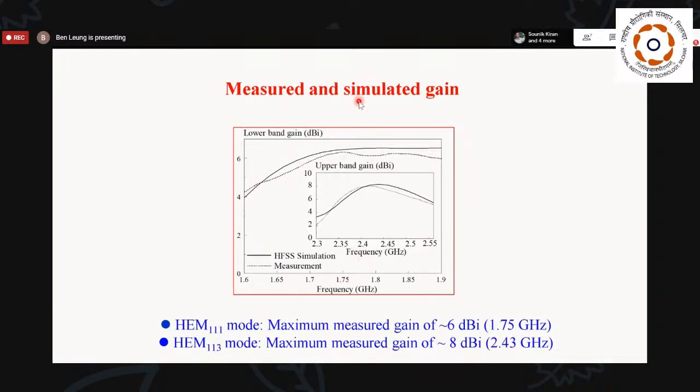This is the measured and simulated gain. For the lower band, the gain is about 6 dBi, and for the upper band, the gain is about 8 dBi. The higher value for the higher order mode is expected because, as said before, at high frequency the DRA is electrically larger, and therefore its gain is larger, which is reasonable.